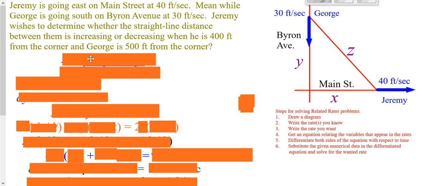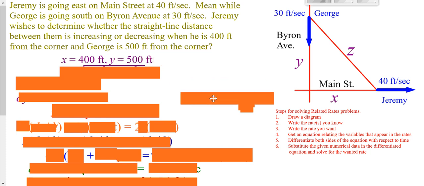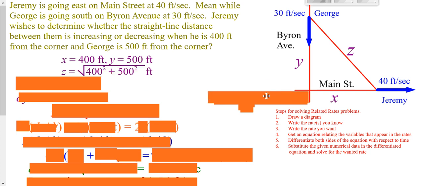So, as we look here, we know x is going to be 400 feet and y is going to be 500 feet. If we wanted, we could go ahead and figure out what z is by using the Pythagorean theorem. Also, we have the rate of Jeremy. Since the distance is getting bigger, we know that's going to be positive. We also have the distance for George.